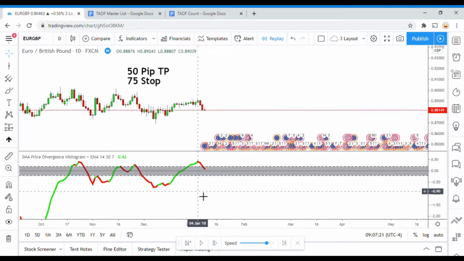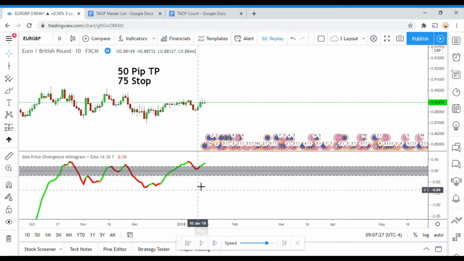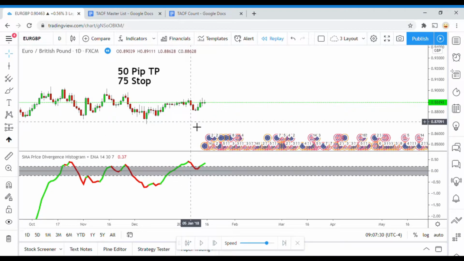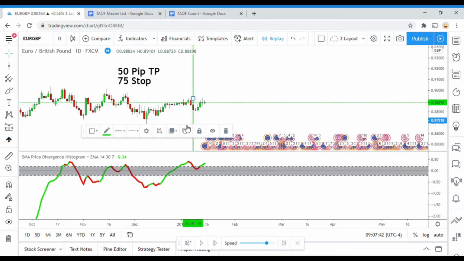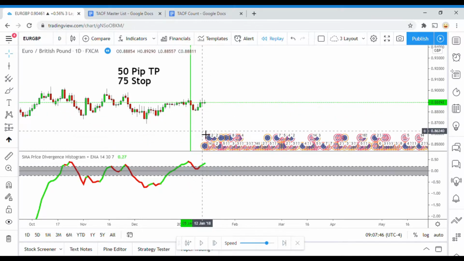Alright, so there is the first signal there. Let's play it out a little bit and see. Let's see here. So that was a win on the first signal there.